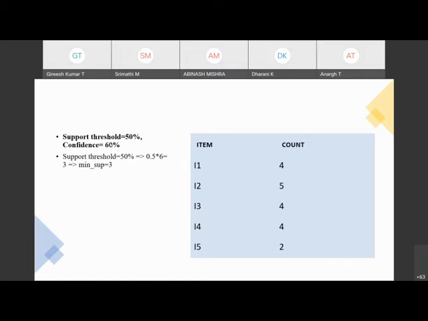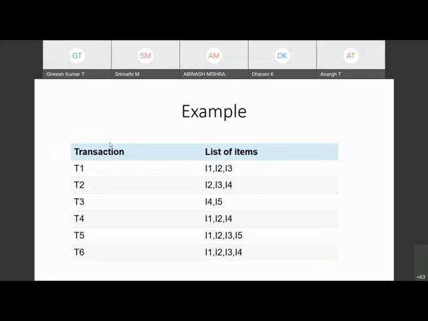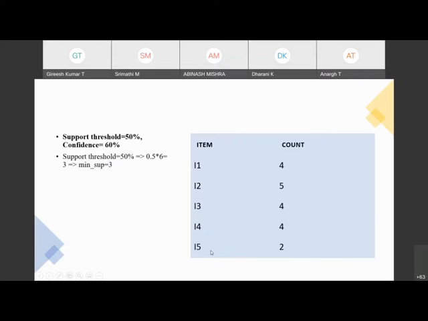Then we go to the database. Item number 1 is present in transaction 1, transaction 4, transaction 5, and transaction 6. So that means totally 4, and here I have written item number 1 equal to 4.